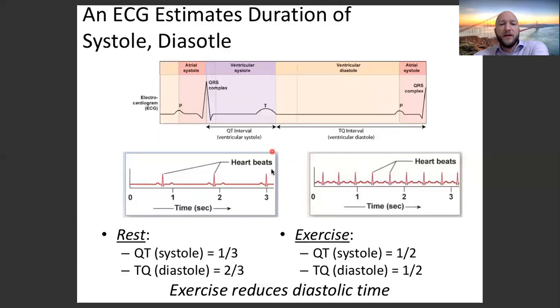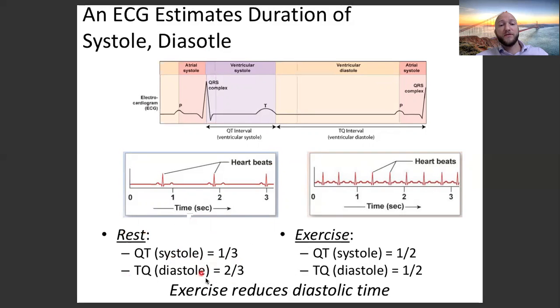So when we calculate MAP, remember how we calculated MAP in previous lectures? We said 1/3 systole plus 2/3 diastole will give us our MAP, our mean arterial blood pressure.